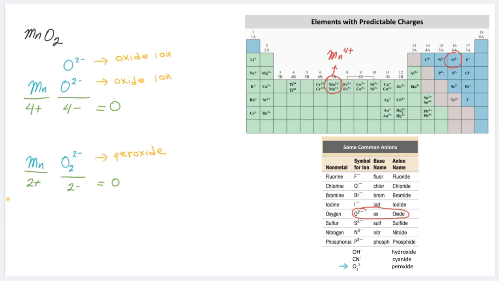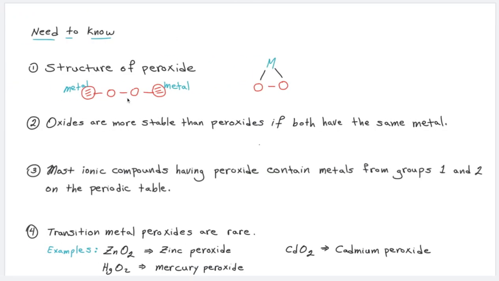In both situations it looks like they make sense, but there's something that we need to take into consideration here. When both look possible, we need to remember that oxides are more stable than peroxides, when they have the same elements.